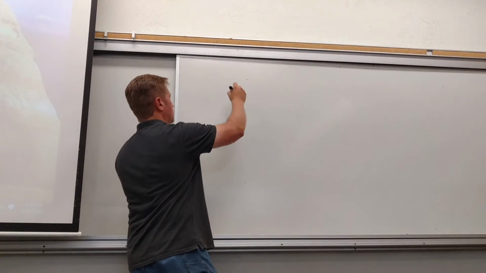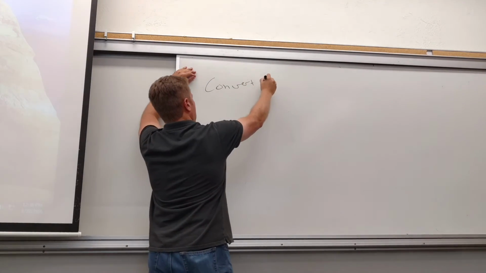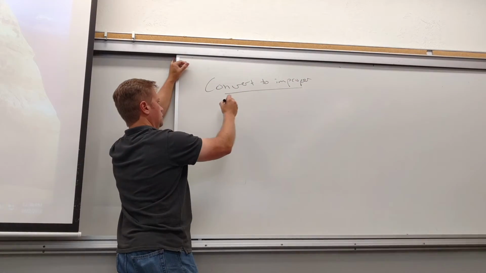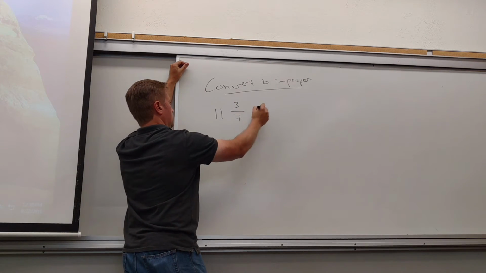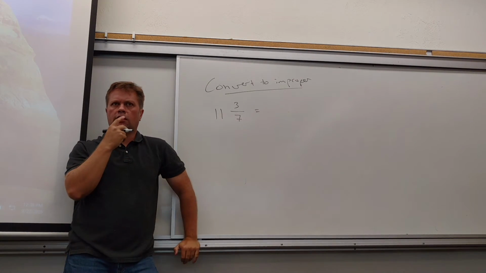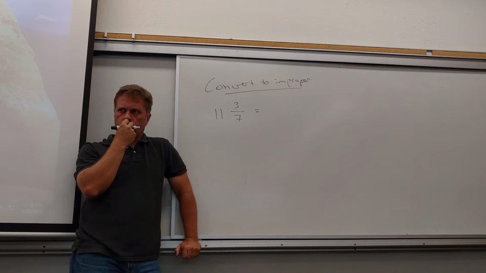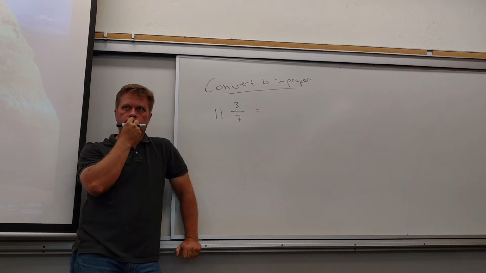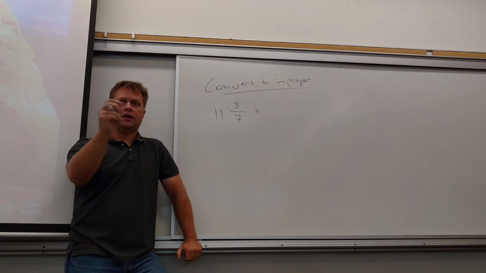Help me out here. Convert to improper: $11 3/7. I talked about why the shortcut works. You don't have to do all the work I did.